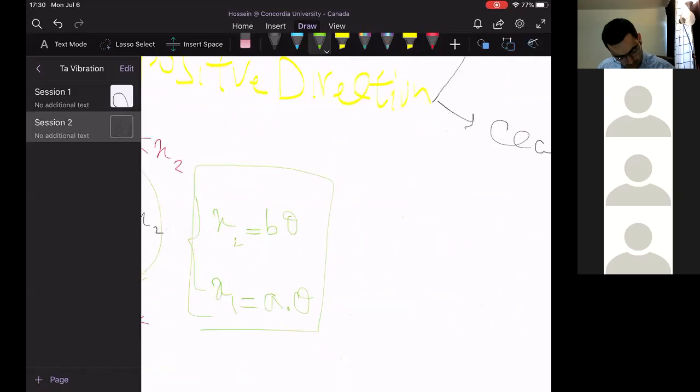Therefore, you could easily take the derivative from both sides, and if needed, you could plug in x dot 1 as a times theta dot.